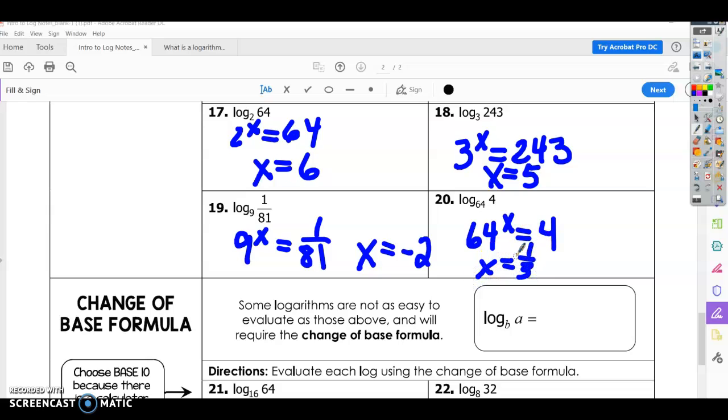Because 4 times 4 is 16, times 4 again is 64, and because we're going from a larger number to a smaller number, I know that's got to be a fraction. So you just kind of got to play with numbers there to see how that works. And you can check these by taking your calculator and doing 64 raised to the 1/3 power. That's an exponent. So 64 to the 1/3 power equals 4.